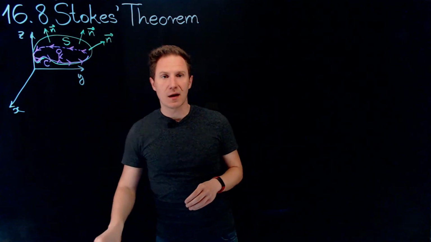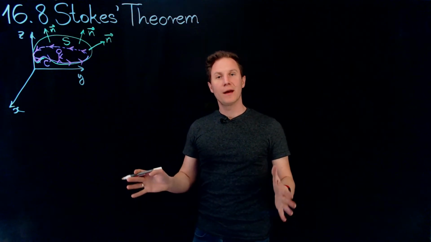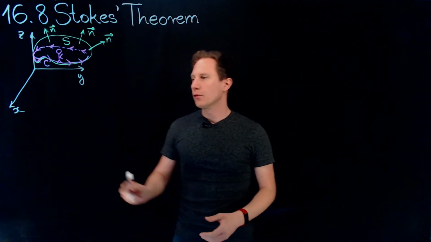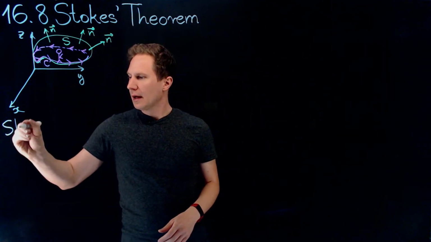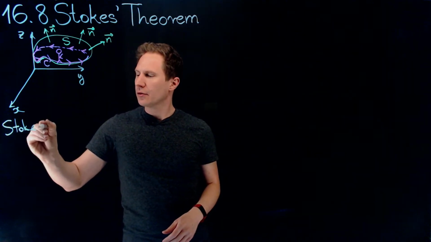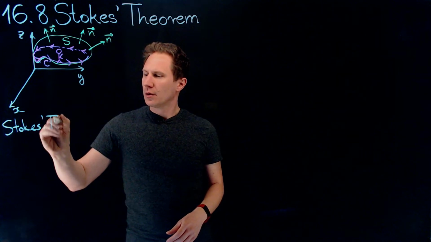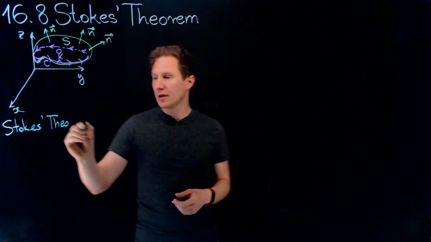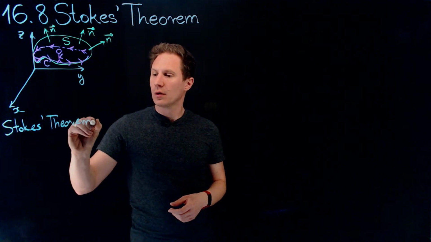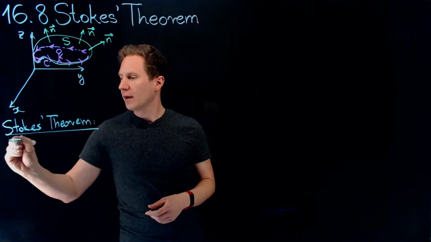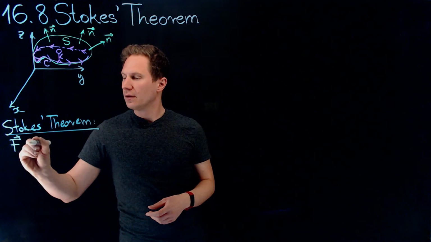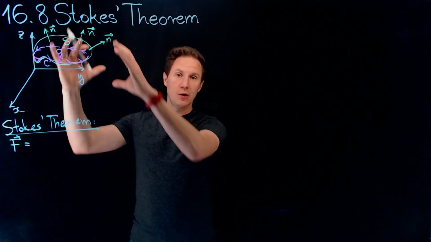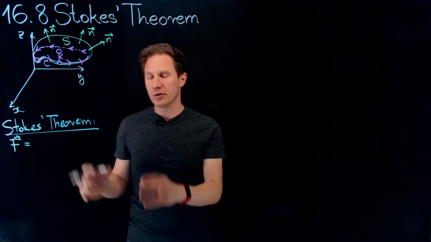Okay, so with this setup, we are ready to state Stokes' theorem, which says that if you have a vector field whose components have continuous partial derivatives. So imagine you have this vector field F defined in space, in a region of space which includes this surface and its boundary.